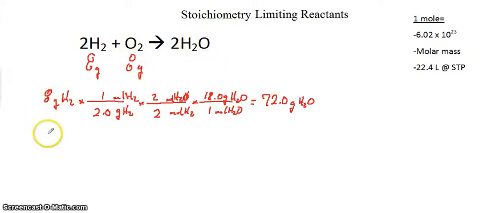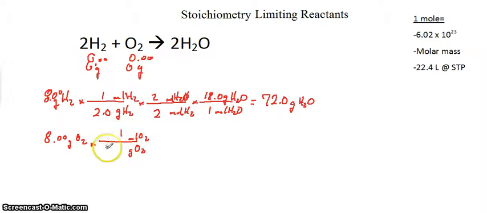Well, let's start with the oxygen this time. As far as significant digits, really I went crazy. To make this work here, I'd have to do 8.00, just to give us some significant digits to work with. So let's say this is 8.00 grams of O2. This is my other reactant. Now I'm going to go from grams of O2 to moles of O2, and that would be 32.0.